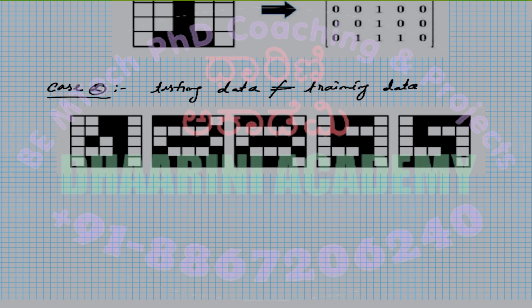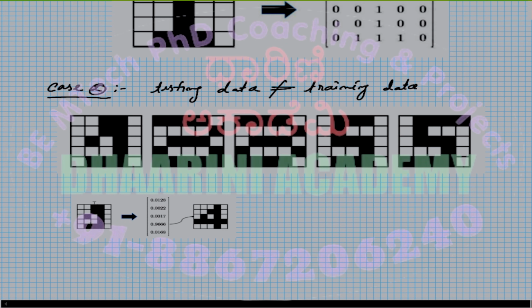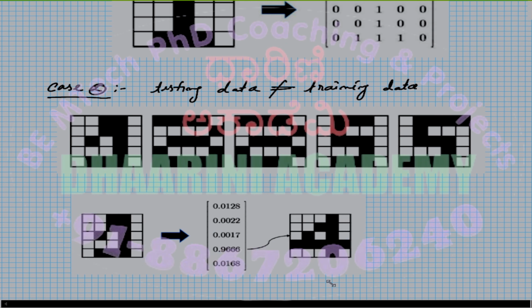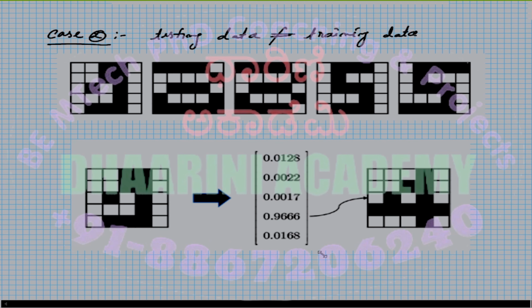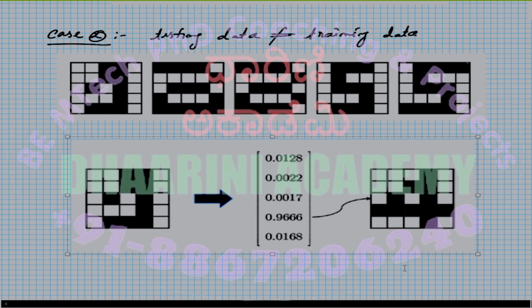Okay, so now let's consider the outputs and the inputs one by one, and let's check what exactly has happened. So the first one is like this. In the most recent classification, the machine tried to classify in the following fashion. My test data is like this, and it is classified with 96% confidence.